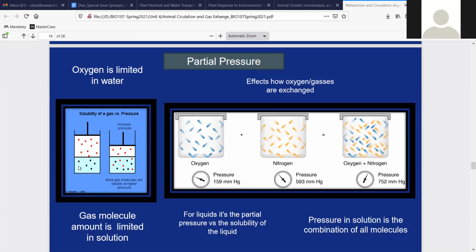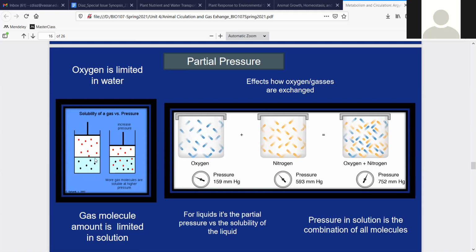If you take this water down here and you ignore that it's water and instead replace that with a cell, this is going to be the same issue, right? You're going to have a certain amount of pressure that's trying to push oxygen, nitrogen, any type of important molecule into the cell, but only so much can go through at a time.